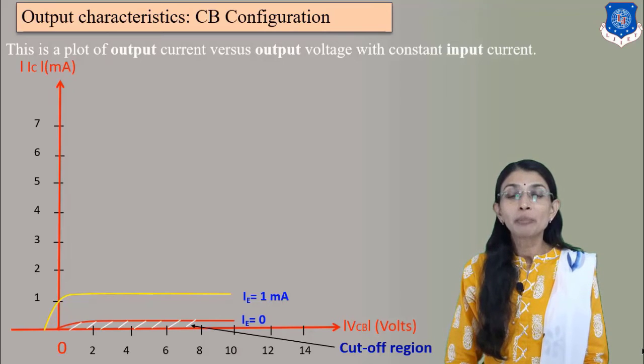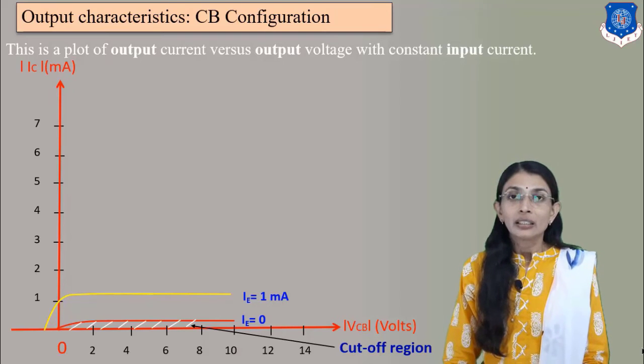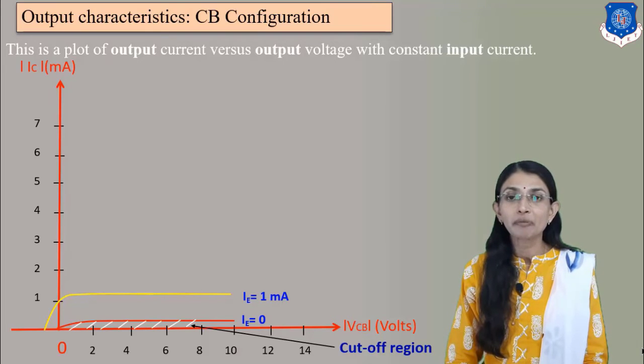So this is one of the best practicals for drawing the output characteristic of CB configuration. Another student will take the constant input current, that is IE equal to 2 milliampere. Then I will take IE equal to 3 milliampere.